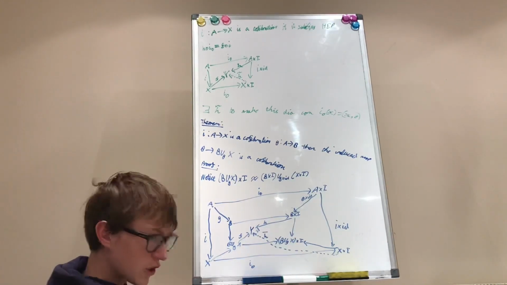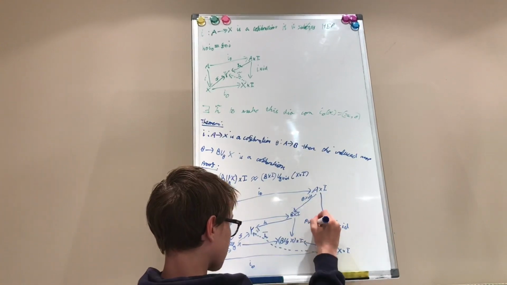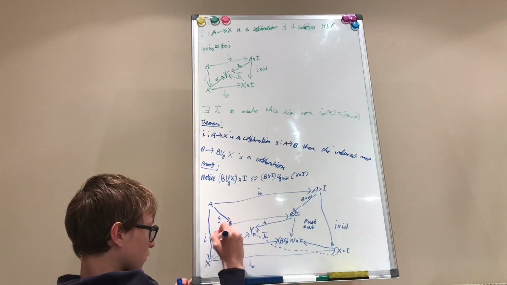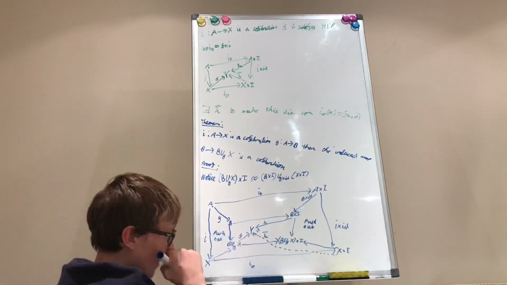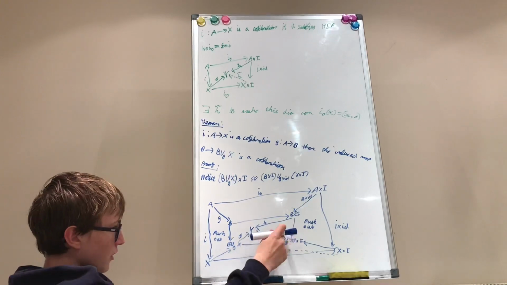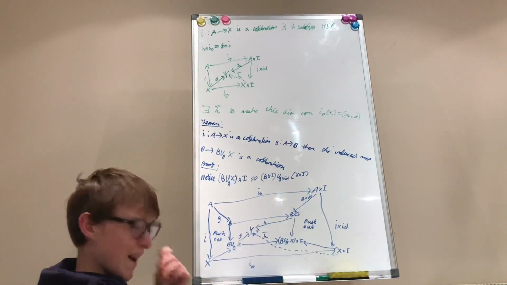Now, from the definition of a push out, we're just going to write that this is a push out. From the definition of a push out, we can induce a map H tilde which takes it from here to Y. And why is this?